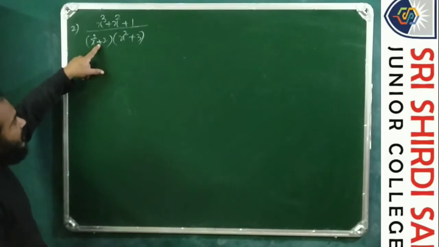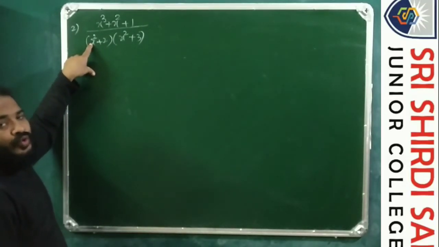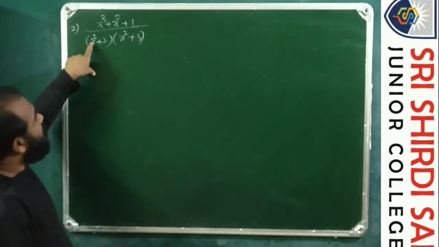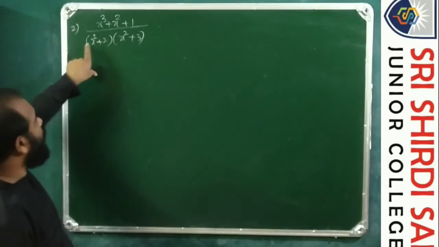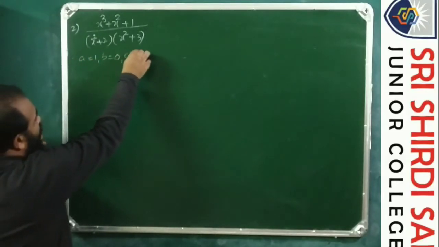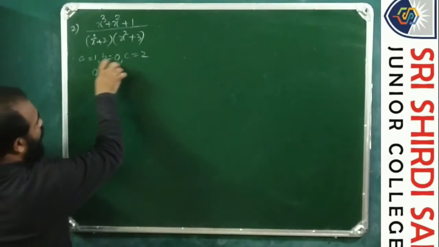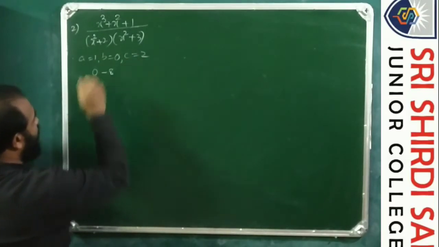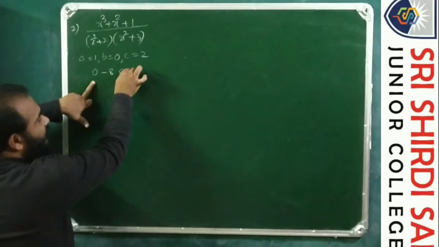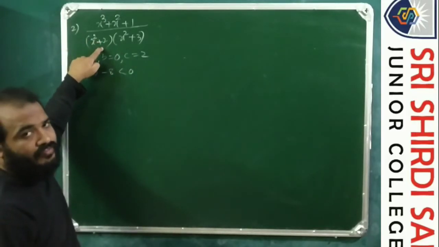So for x square plus 2, the x square coefficient is a, the x coefficient is 0 and the constant is 2. So a is equal to 1, b is equal to 0 and c is equal to 2. b square minus 4ac is 0 square minus 4 1s are 4, 4 2s are 8. So minus 8 is less than 0. Therefore this is an irreducible quadratic factor.